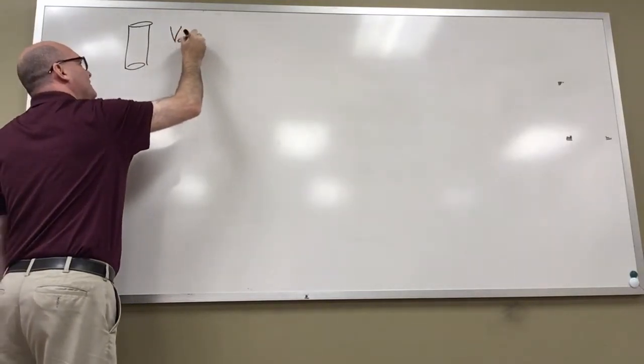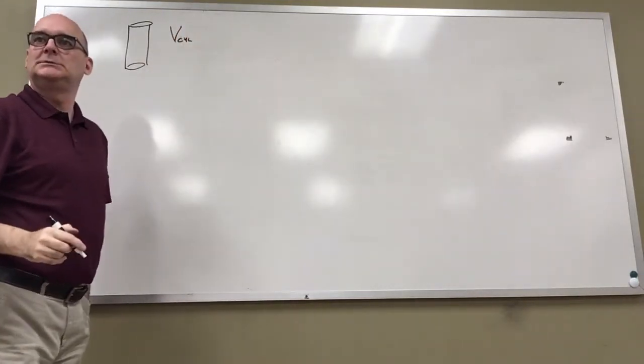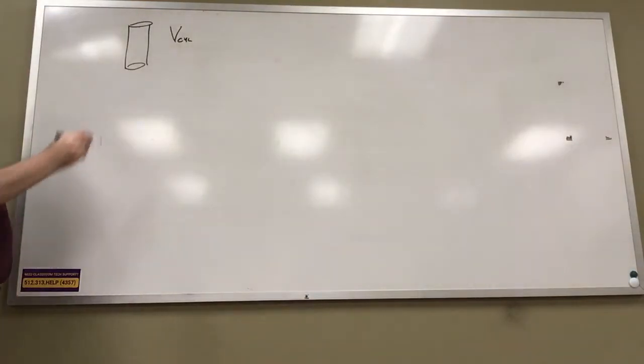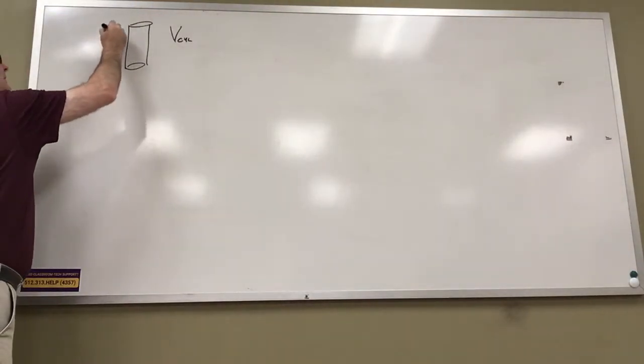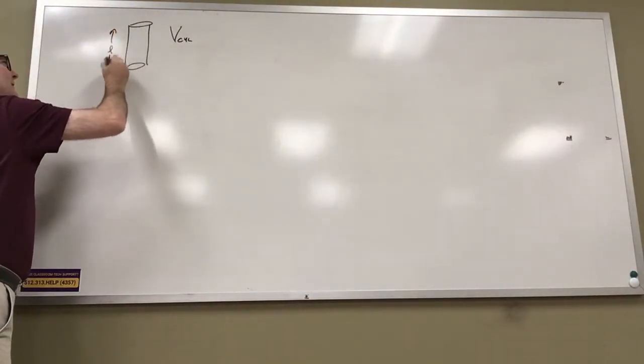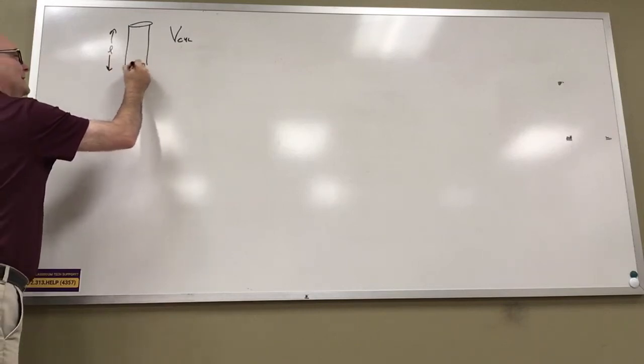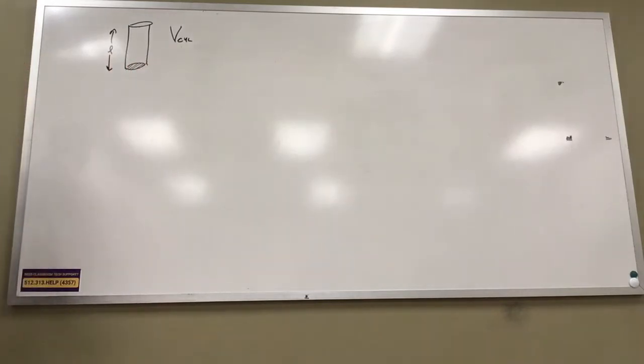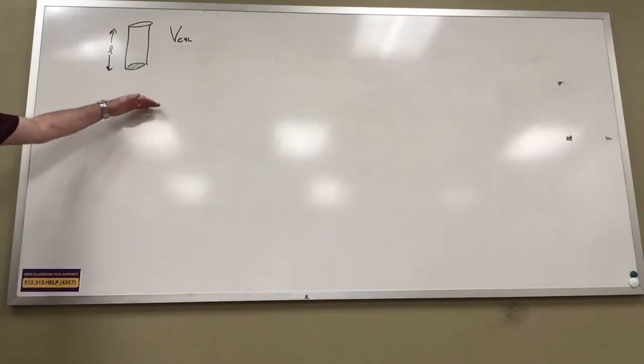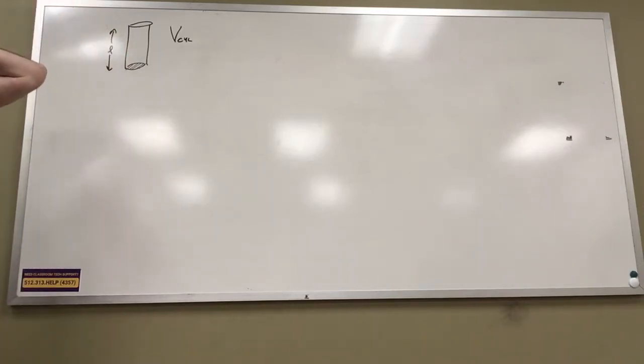The volume of a cylinder. How would we figure that out? If that is the length of the cylinder, and then this is the area at the base of the cylinder, then I need to multiply those numbers by each other.